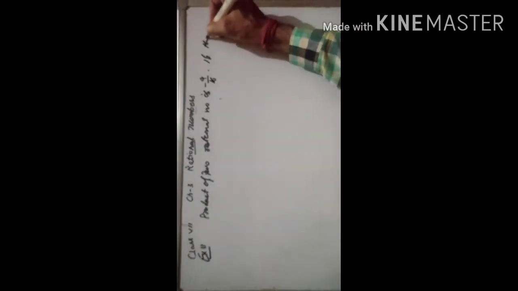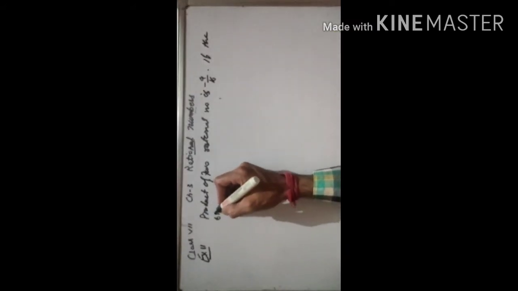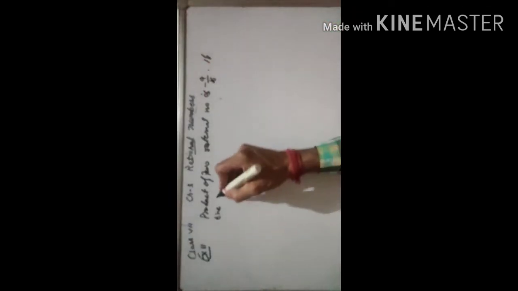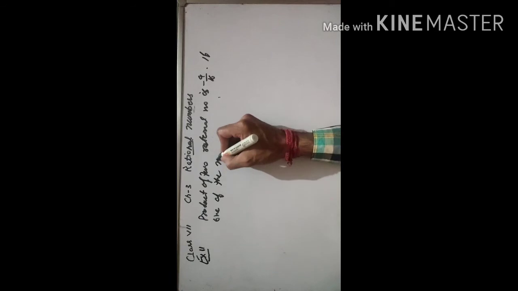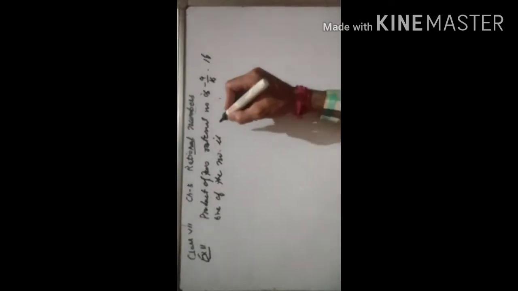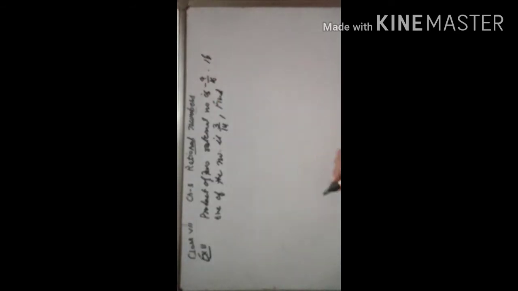If one of the numbers is 3 by 14, find the other number.